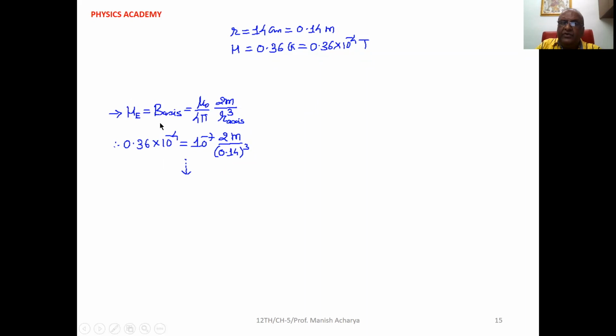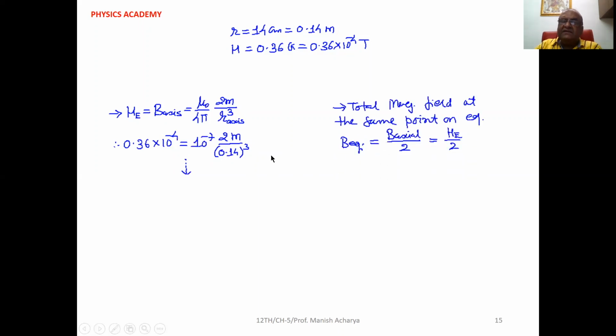So we can write B_x is equal to mu 0 upon 4 pi, 2m upon r cube, that is on the axis. Now H_E, 0.36 into 10 raised to minus 4, is equal to mu 0 upon 4 pi, that is 10 raised to minus 7, into 2m upon 0.14 cube. Now solve this one, you will get m.